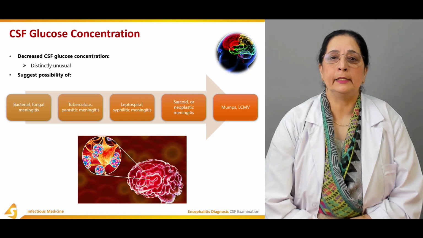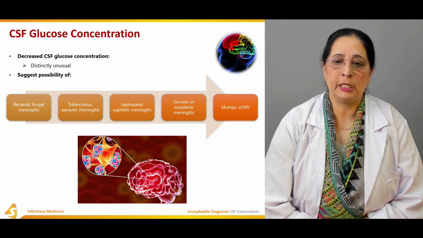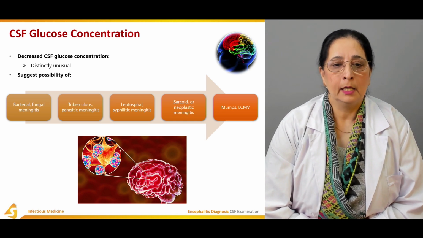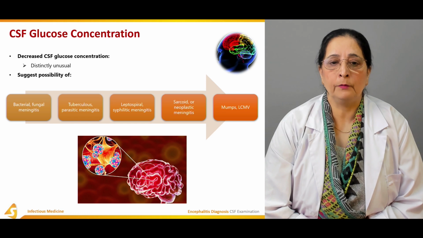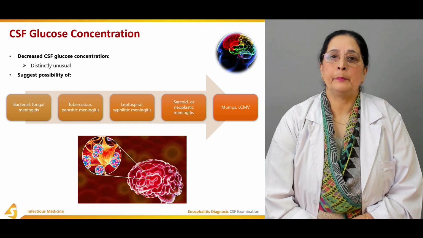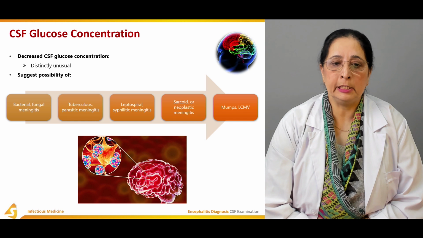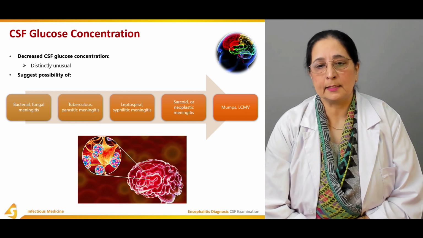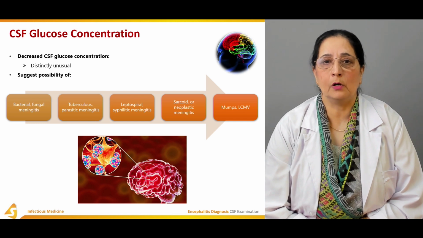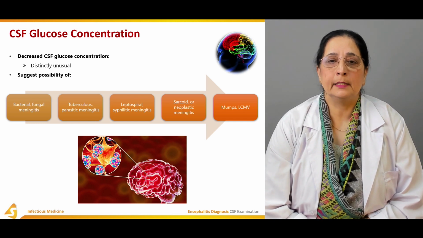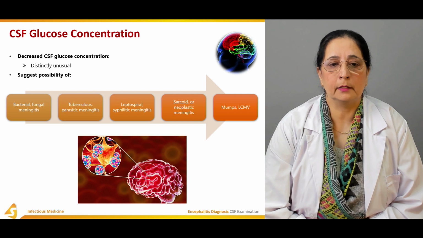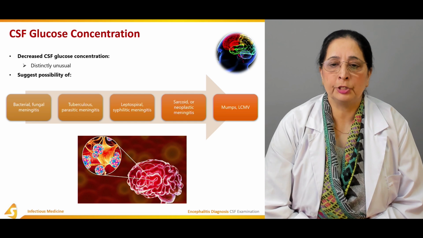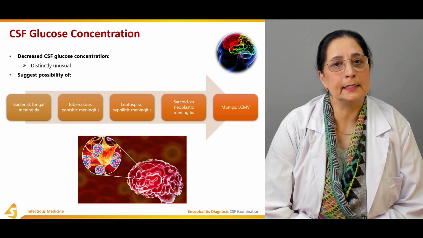If you see, viral meningitis won't usually have a decreased level of glucose. It's distinctly unusual with viral infections other than mumps and LCMV.